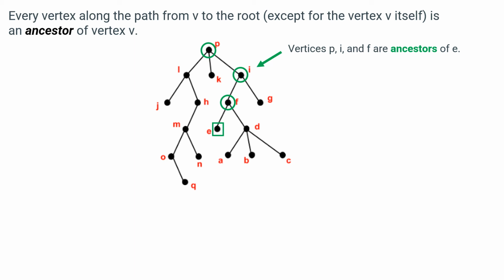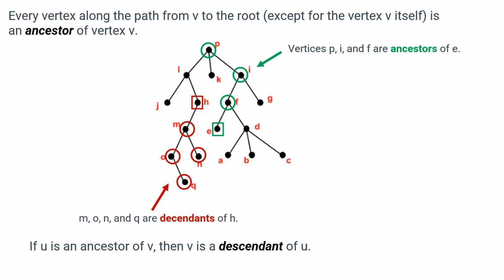So P, I, and F are ancestors of E. If U is an ancestor of V, then V would be called a descendant of U. So let's look at H. Any vertex along any path from H on to the end would be considered a descendant of H. So H has the descendants M, O, N, and Q.